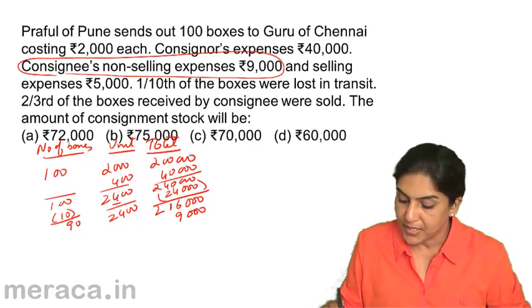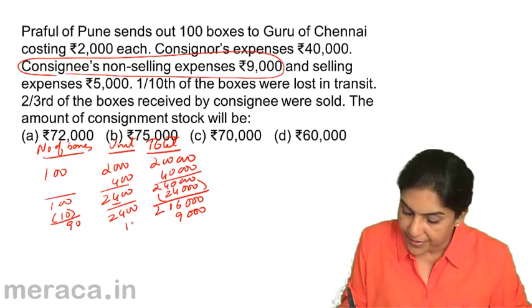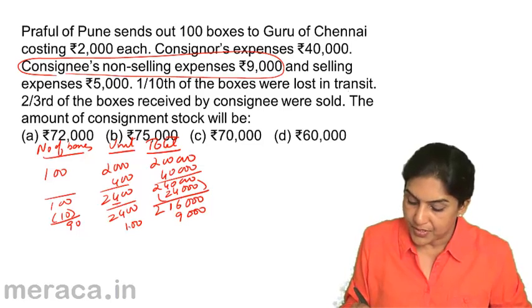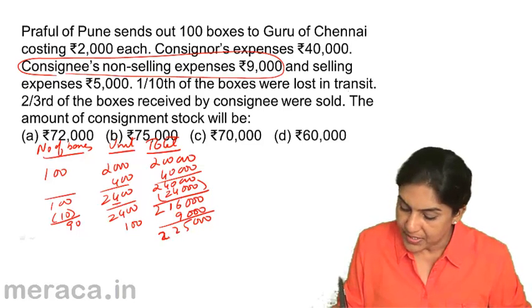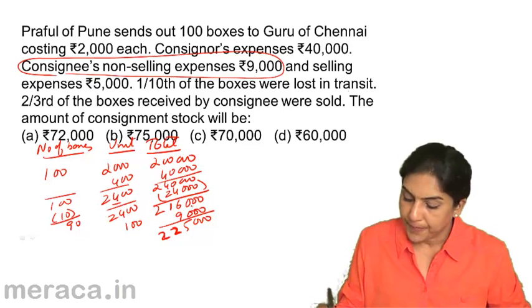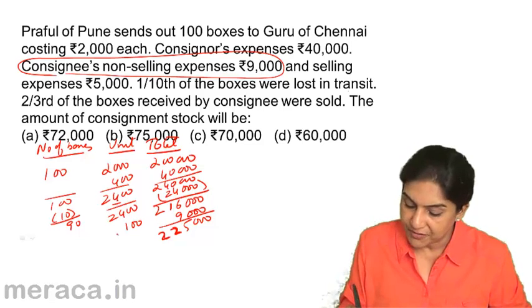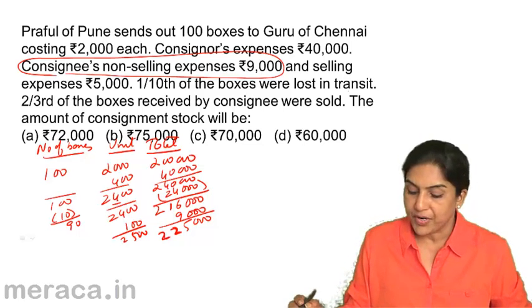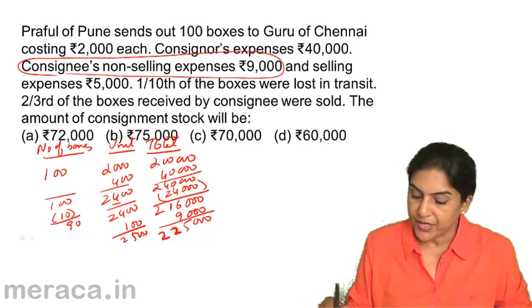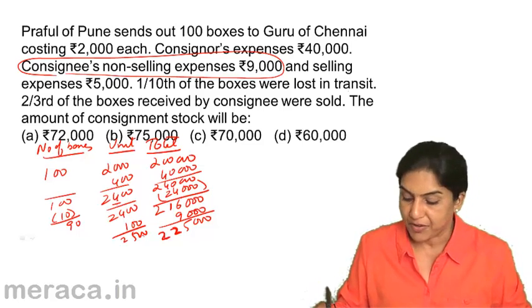By 90, we get 100 per unit. So what is the cost now? 2,25,000 for 90 boxes. Therefore, the cost is 2,500 per box. 2,500 into 90 would give us 2,25,000.